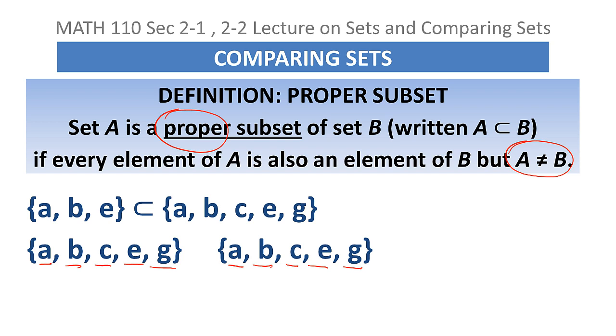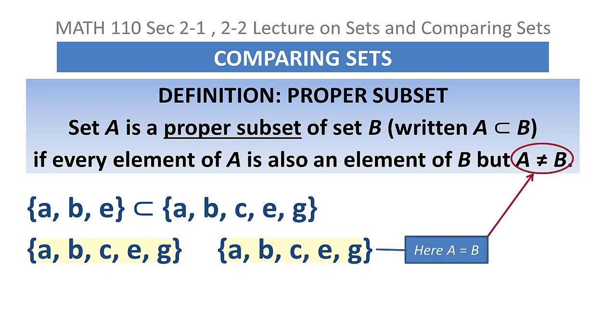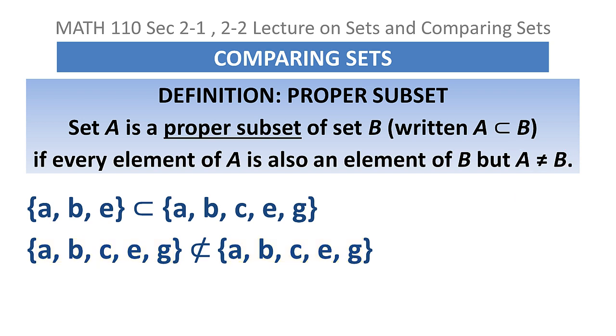So even though those two sets fit the description of the left one being a subset of the one on the right, or actually even the other way around, they are not proper subsets because you have equality. You cannot have equality with a proper subset. That's the only difference. Otherwise, the analysis is exactly the same as for a subset.